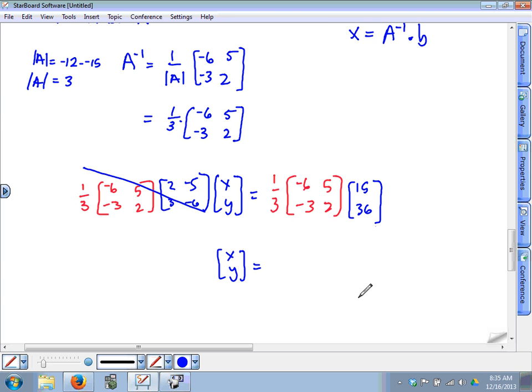I would first multiply these two matrices together and then multiply by the 1/3. So this is going to be 1/3. Now what is the result of a 2 by 2 times a 2 by 1? A 2 by 1. So this is going to be 1/3 multiplied by another 2 by 1 matrix.